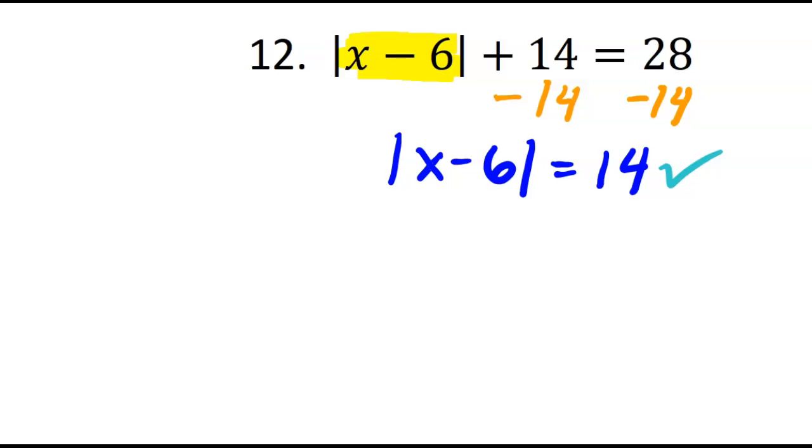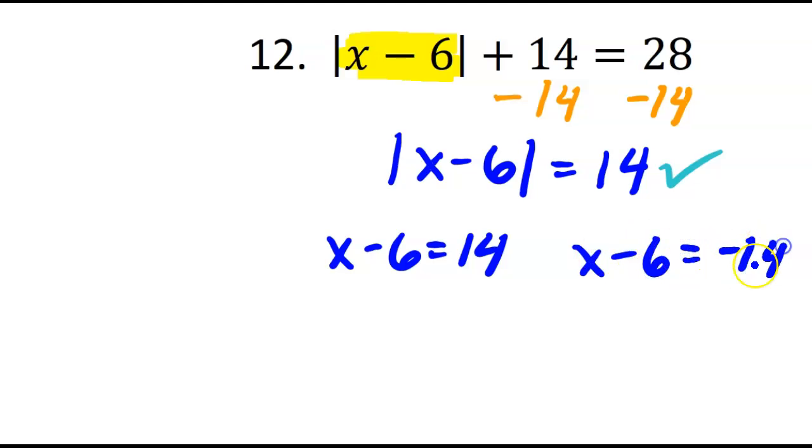Split it into my two possible values of x minus 6 could be 14, or x minus 6 could be negative 14. Solve both sides of that equation. Essentially, adding 6 to both sides of this equation.